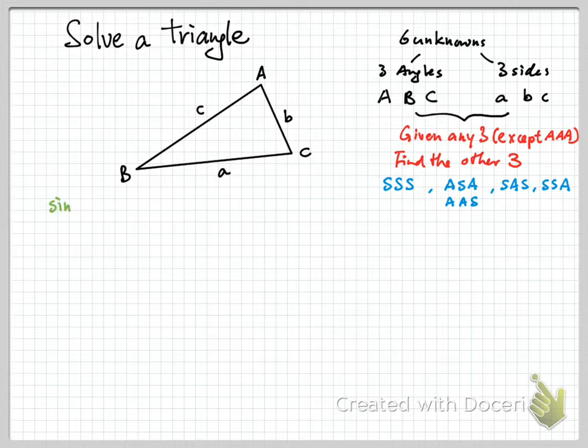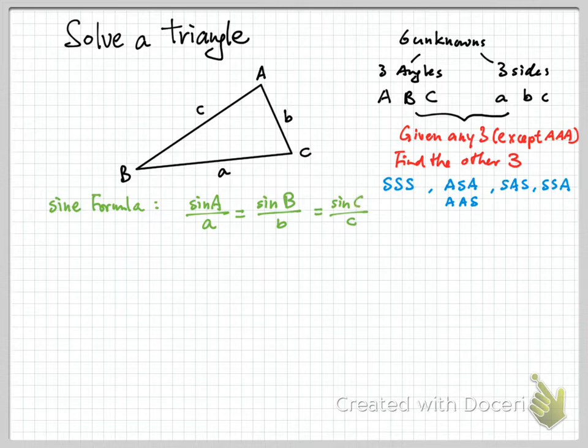The first set is what we call the Sine Formula, or the Sine Law, or the Law of Sines. The Sine Formula says that sine A divided by a, the sine value of the angle divided by the opposite length, equals sine B over b, equals sine C over c. Now A, B, C must be in the same triangle.